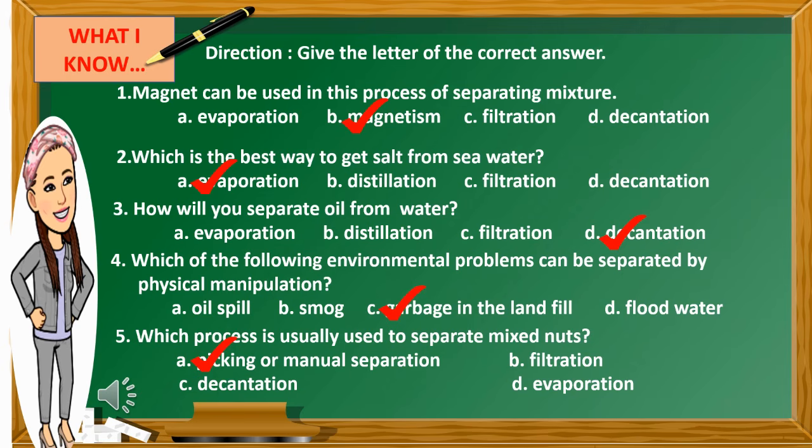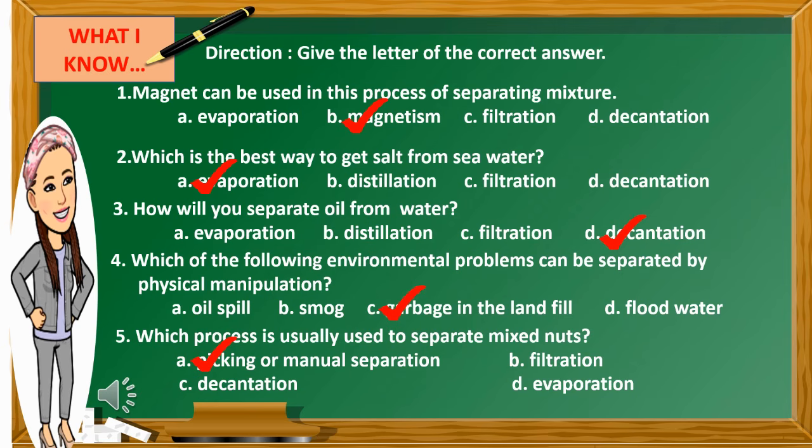Letter A. Evaporation. Question number 3. How will you separate oil from water? Correct. Letter D. Decantation. In question number 4, which of the following environmental problems can be separated by physical manipulation? Correct. Letter C.